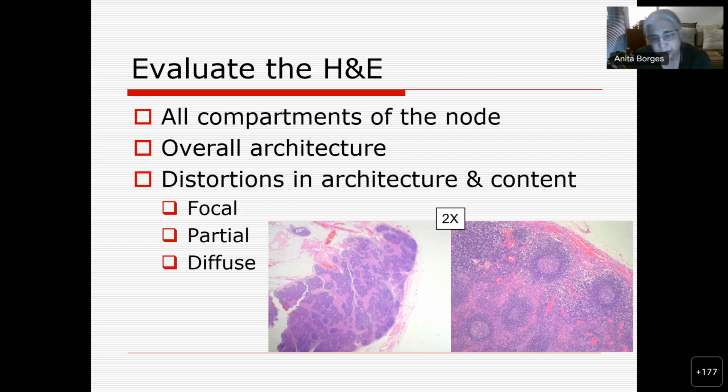You have to remember that it is in constant flux. There are two systems in our physiology that are constantly in flux. They have to be, otherwise they wouldn't be functioning the way they should. One is the lymph node or the lymphoreticular system, and the other one is the fibrous system.